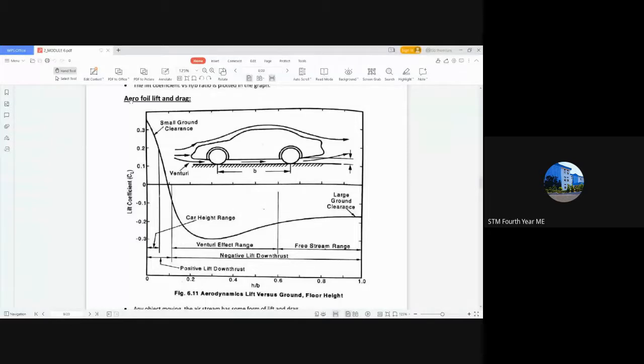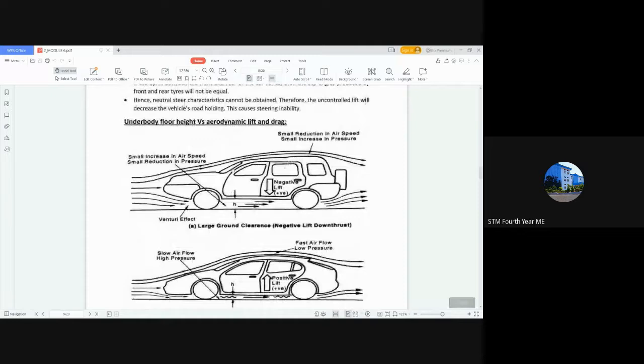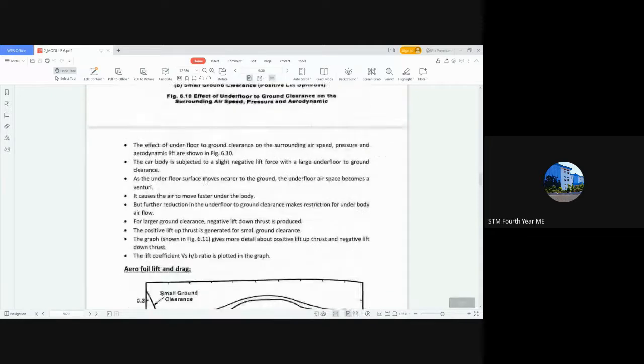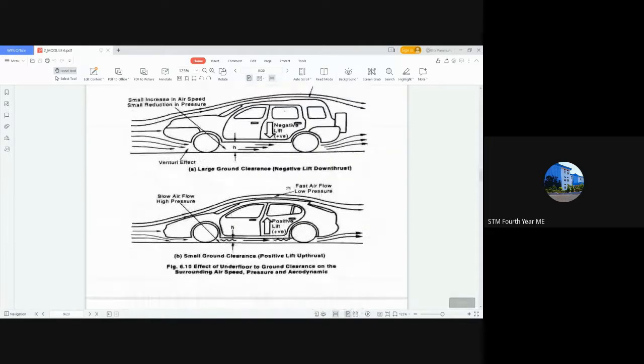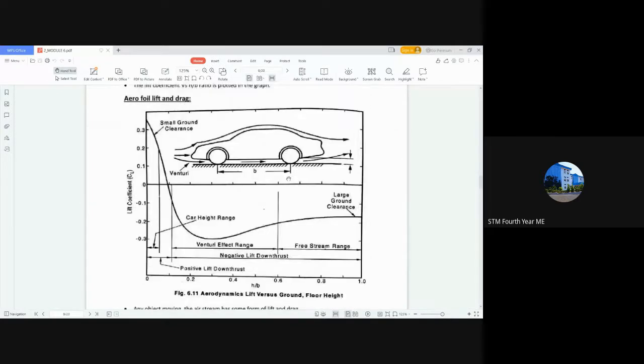Next is the aerofoil lift and drag. We have already discussed the underbody floor height, and we have stated that larger ground clearance is better for a negative lift condition. You can see here, this is the lift coefficient, CL, denoted on the y-axis, and this is h by b, which is the ground clearance.